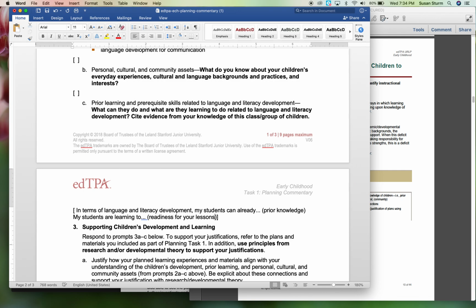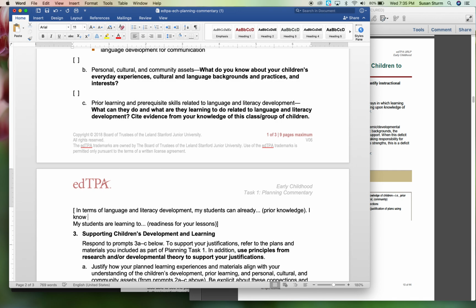And what's important is what comes here, and this is what sets you apart in the rubric. You need to cite evidence from your knowledge of this class or this group of children. So it's not only that my students can already do this, I know this because of the evidence from the previous unit on blah, blah, blah.